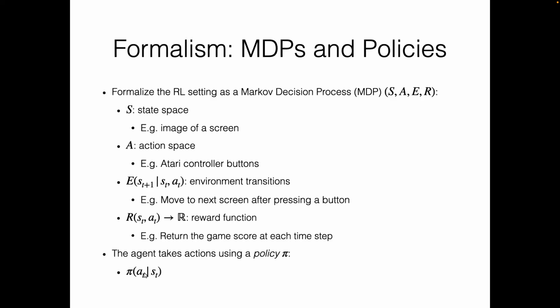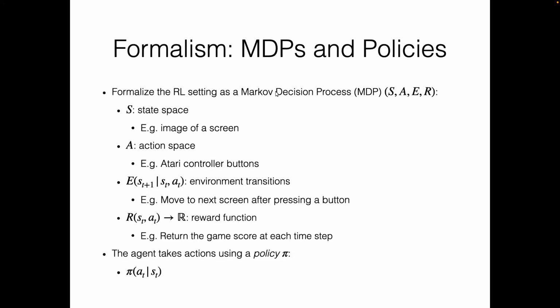It might give all of its probability to some button press that will win the game, and zero probability to something which would cause the agent to die. So these are the basic parts of this MDP.